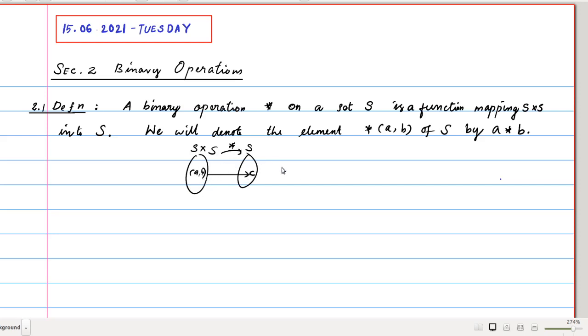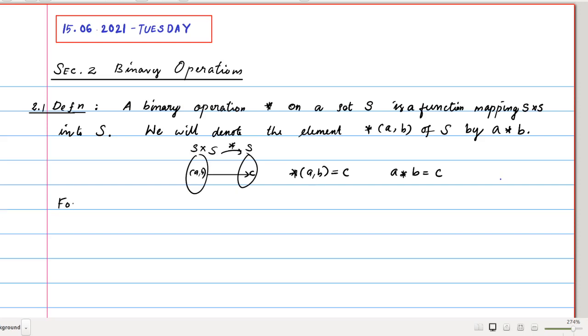So we denote this C as star of AB. This is the image of A comma B under star, and this situation is denoted by A star B is equal to C. For convenience, we write this notation A star B equal to C to denote star of A comma B is equal to C.